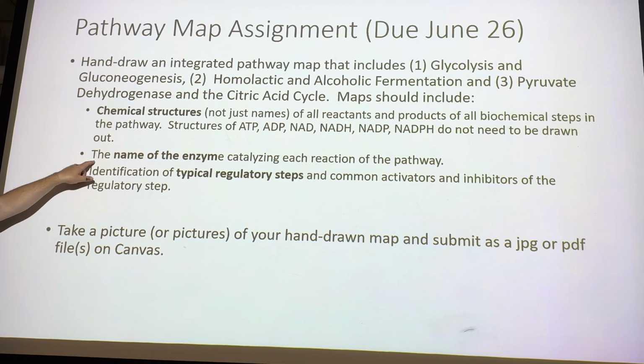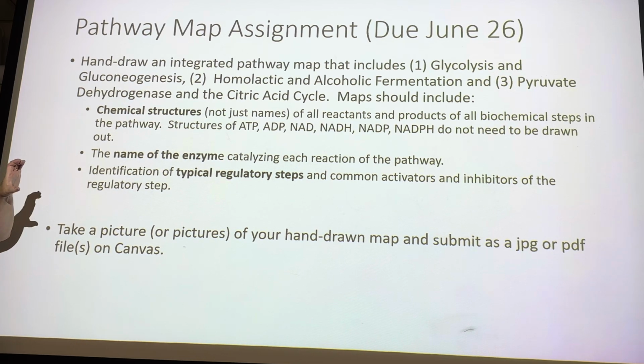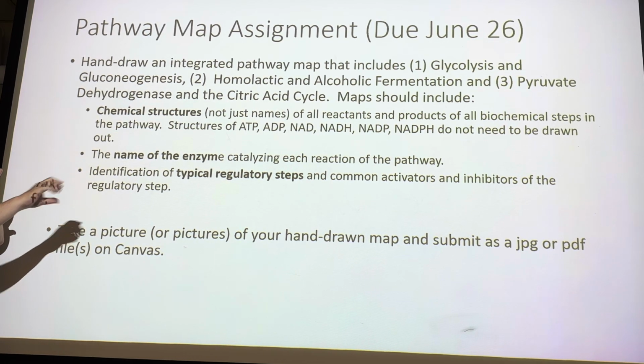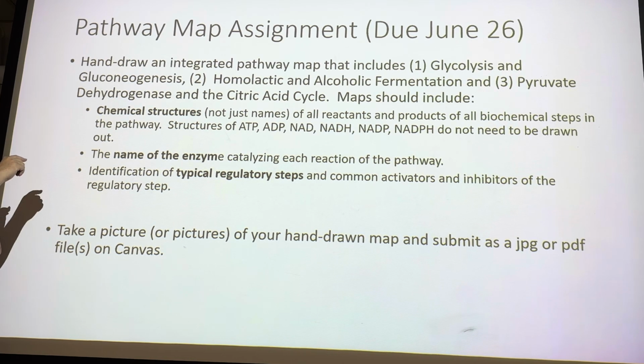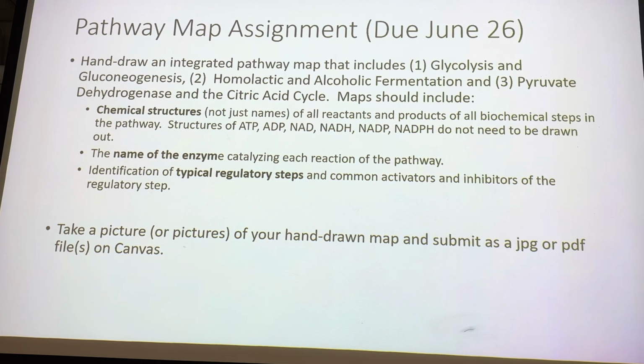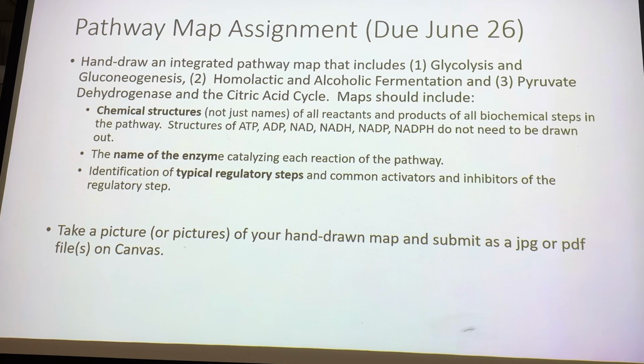Then the name of the enzyme, so you have the structure glucose 6-phosphate, the arrow, hexokinase, and a little arrow for ATP to ADP on there. And then we'll talk about regulation, but identify typical regulatory steps and common activators and inhibitors of the regulatory step. So what I'm trying to get you to do is build your own mental map, right?